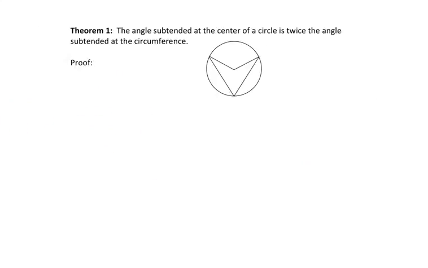So let's look at some of this stuff. Here's our first theorem. The angle subtended at the center of a circle is twice the angle subtended at the circumference. So what we're saying is that if this angle subtended at the circumference is x, then the angle subtended at the center is twice the size of that. So that's 2x.